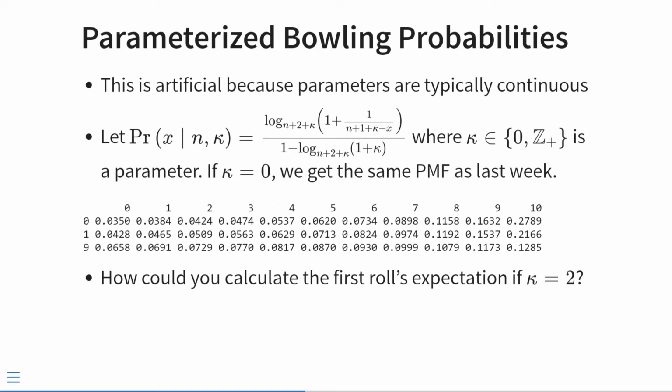But you can call it with any non-negative integer for kappa. So how would we calculate, using ancient ways, the expectation of the first roll of a frame of bowling given that kappa is 2? Using the PR function that was defined when you did source bowling.r this week.